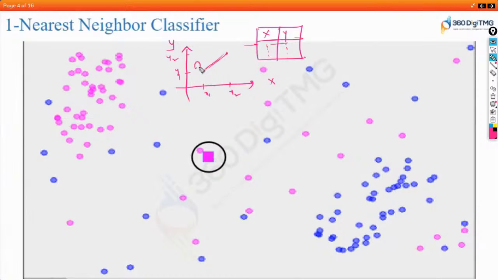If you have x1, y1, x2, y2, the distance between the data points is measured using this formula: square root of y1 minus y2 whole square plus x1 minus x2 whole square. Remember this equation, square root of x1 minus x2 whole square plus y1 minus y2 whole square.